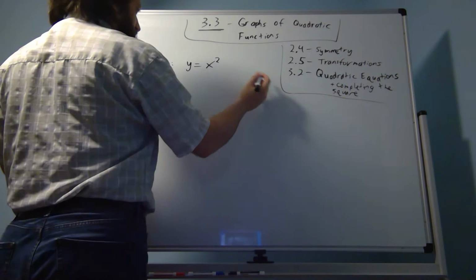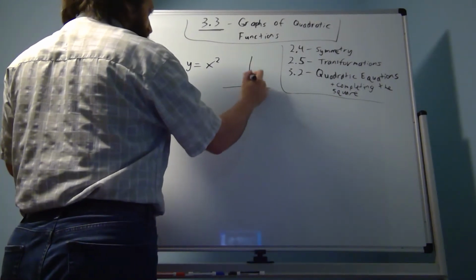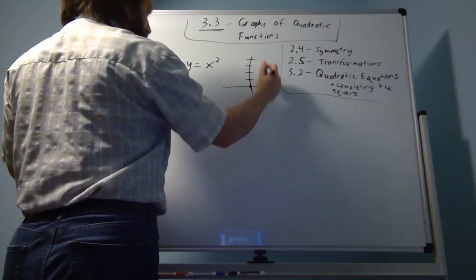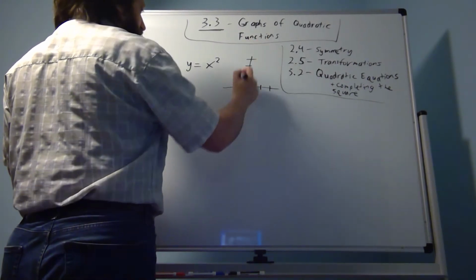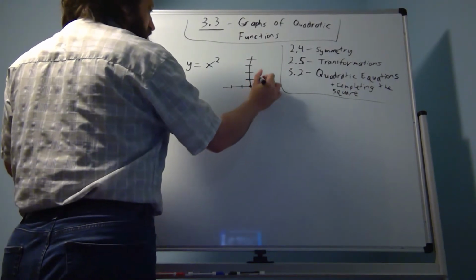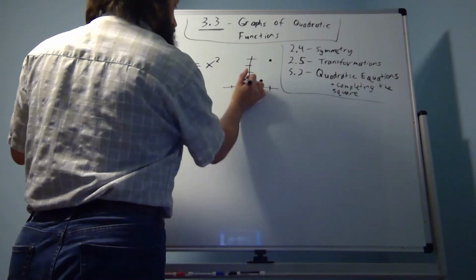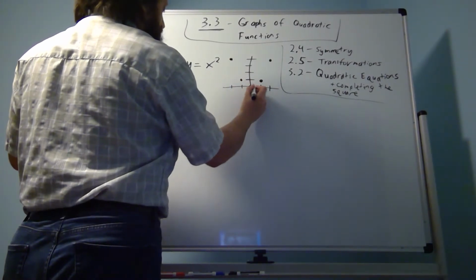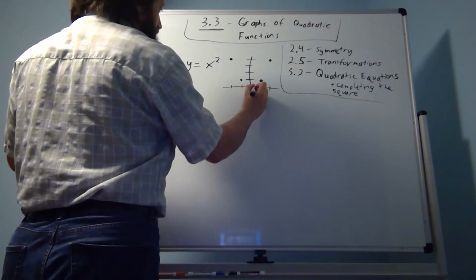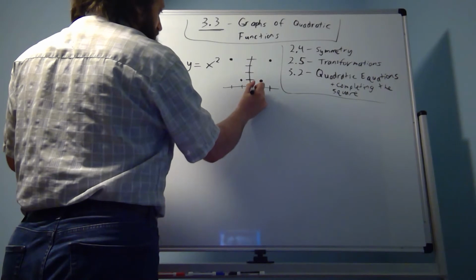Okay, so this is our old buddy y is equal to x squared. We know if we go out to plus or minus 3, then y goes all the way up to 9. But at some point in your life, you should also try a few other ones in your calculator. If you plug in 1/2, you end up getting 1/4.